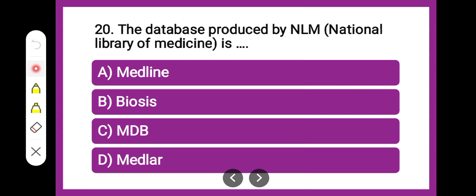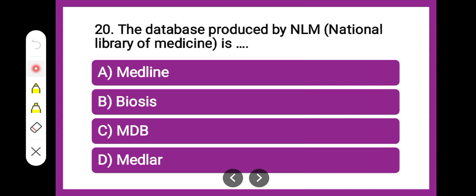Next question is, the database produced by NLM, that is National Library of Medicine, is dash. Whether the database produced by NLM is Medline, Biosys, MDB, or Medlar, which amongst the given is correct for the database produced by National Library of Medicine? Come on all of you, you can put your answers in the comment box fast.